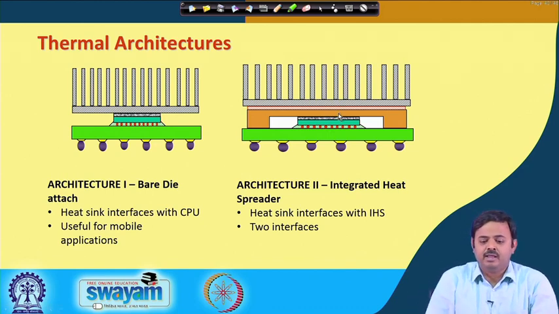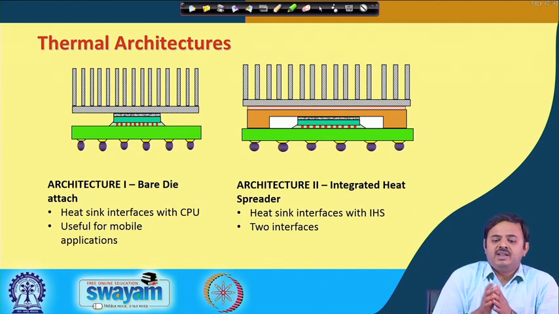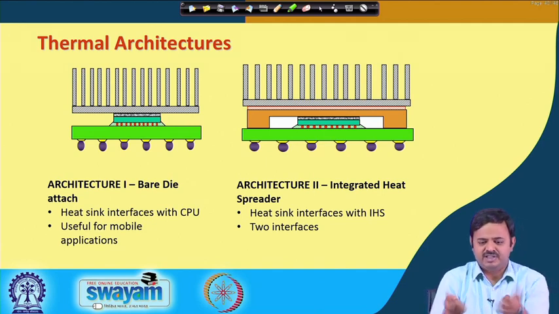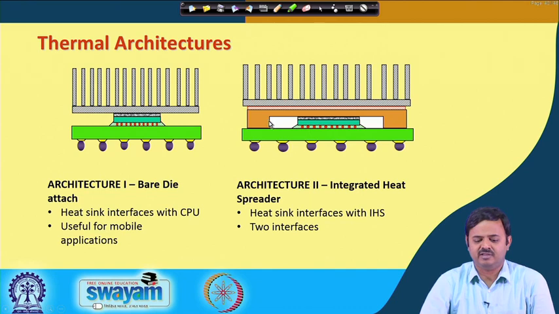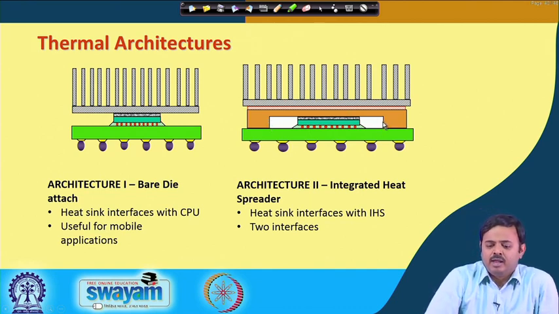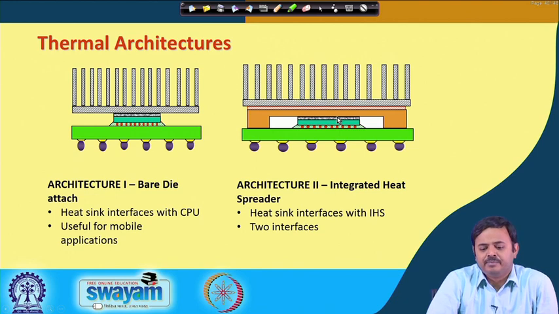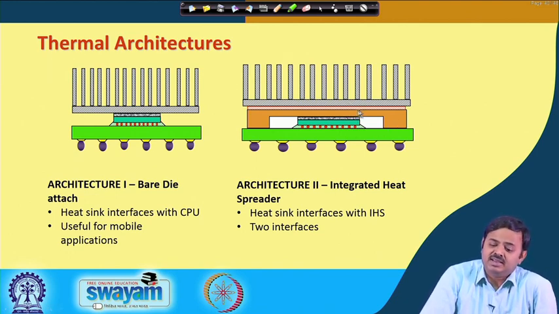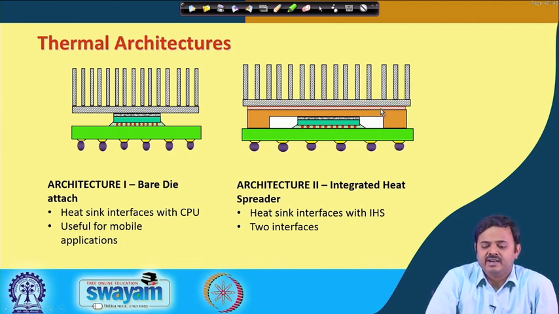It is in the form of a copper plate which is bent at the edges in the form of a U, and inside this is the piece of silicon, and again between the copper and the silicon you have a layer of interface material. Then the heat sink is placed on this integrated heat spreader. And again we have a second layer of interface material, which is shown by these hashed red lines over here.